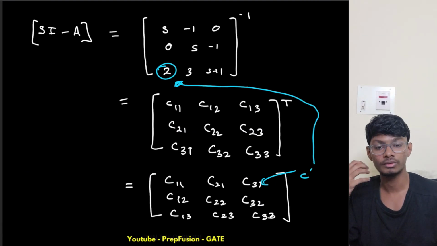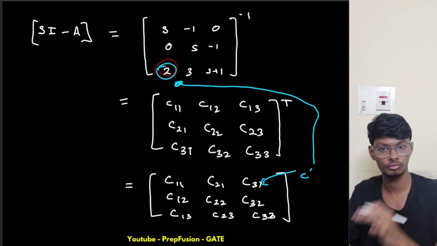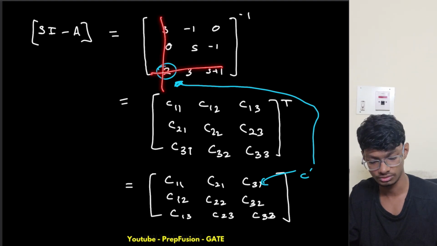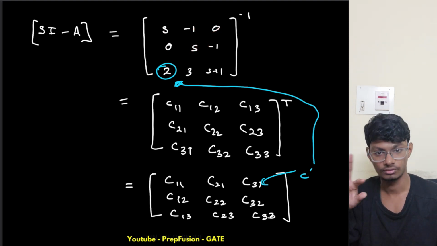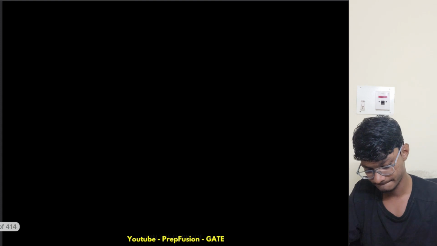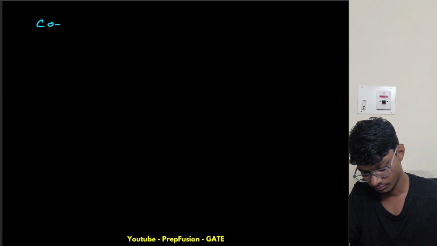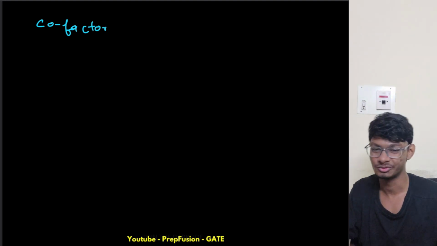So what will be the cofactor of this? The cofactor, I hope you know, just cross these two and find the determinant. And also we have to find the sign. So what is the cofactor? Minor. You might say so many terms, but don't worry.